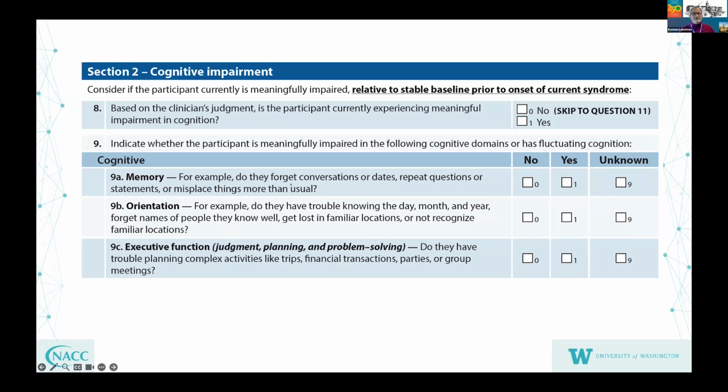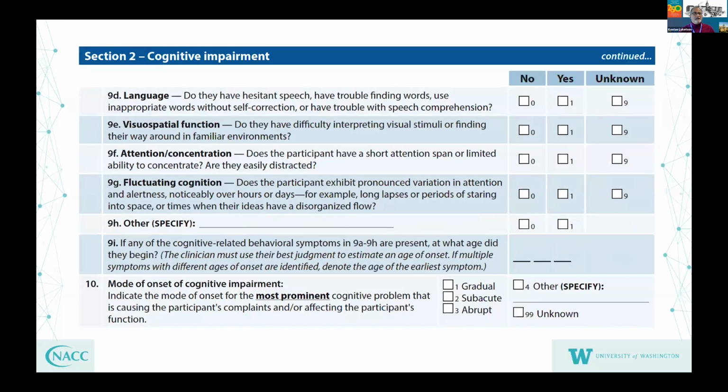So here you're given definitions or descriptions of the kinds of changes that we would refer to for a memory change and so forth. And then other domains of cognition are also rated here: language, visuospatial, attention concentration, whether cognition is fluctuating. And there's room also to specify cognitive change that you think should be recorded, but that does not fit one of the previous groups.